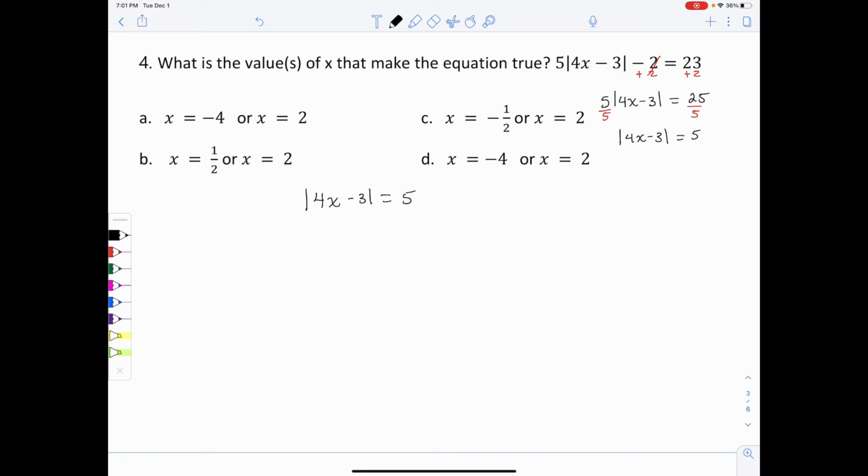Now this is a point where I can split it into 2 equations. 4x minus 3 equals 5, and 4x minus 3 equals negative 5. Solve each equation for x.